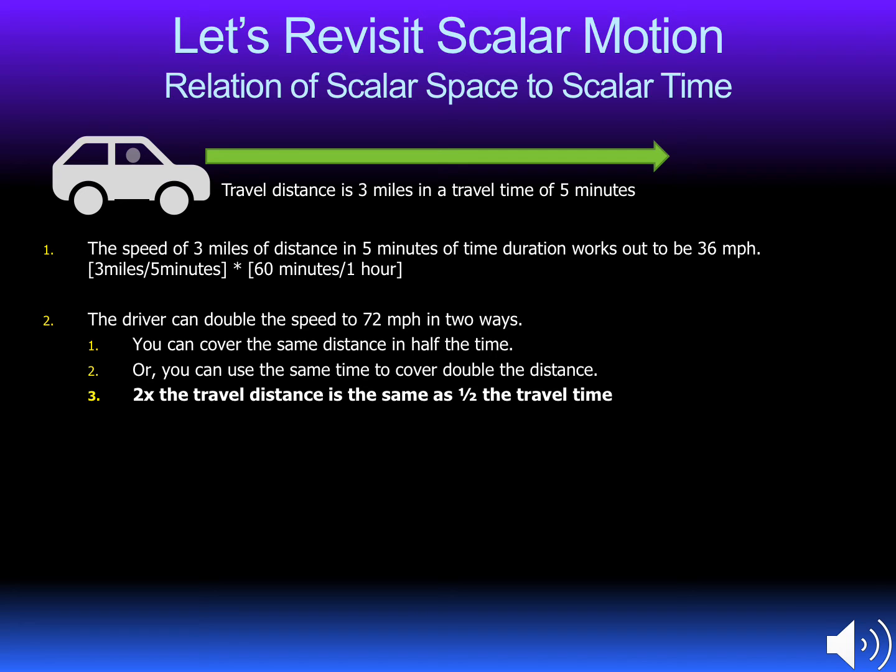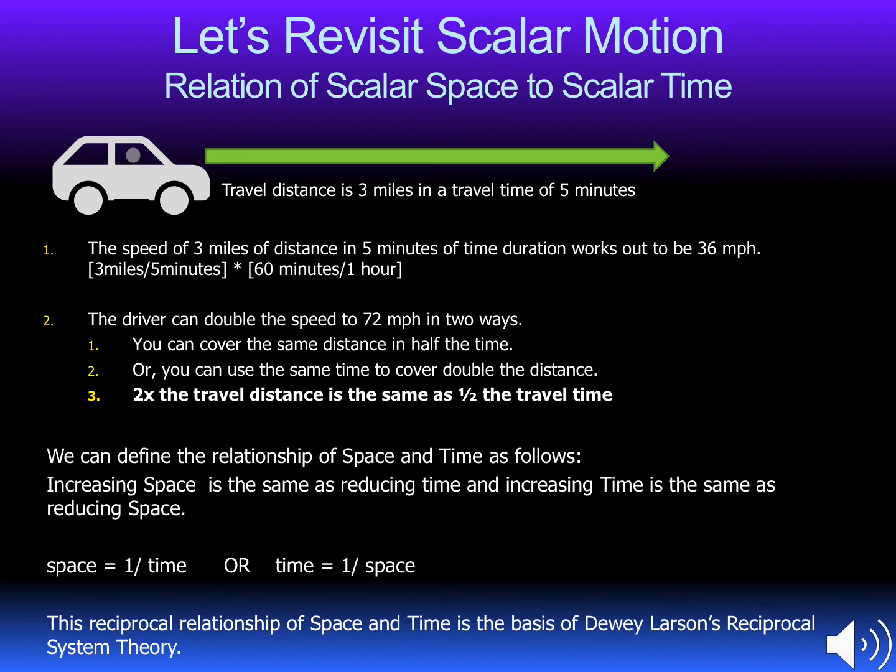So 72 miles per hour, or kilometers per hour for the rest of the world, but I'll stick with miles per hour for now, can be reached by either increasing the distance by 2x or reducing the time by a half. So what you notice is that distance space is equivalent to 1 over time. For instance, 2 times the distance has the same effect as 1/2 the time. 3x the distance is equivalent to 1/3 of the time. 10 times the distance is equivalent to 1/10 of the time, and so on.